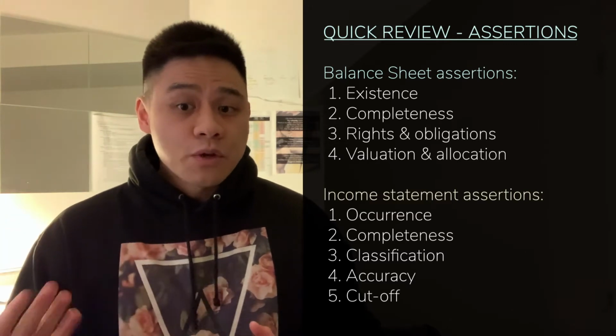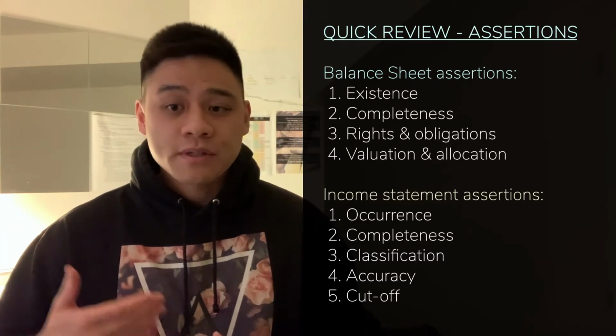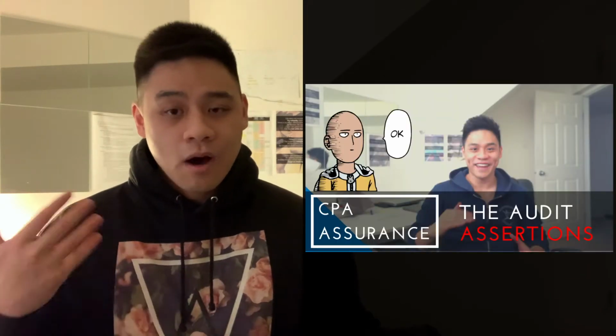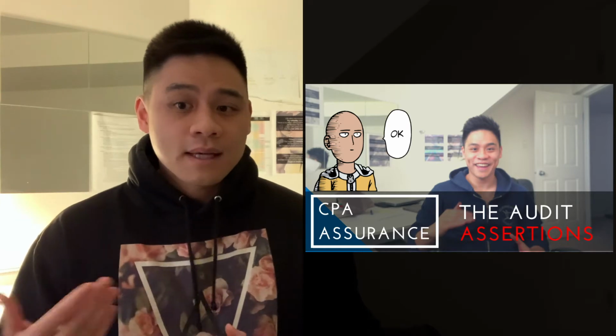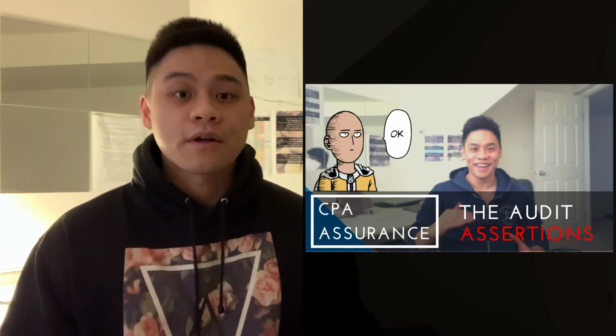It's important that you know the audit assertions by heart. I've created a video dedicated to the audit assertions, and I'll link to that video in the video description below for your convenience. Let's do one example together where we apply the RAAP format.